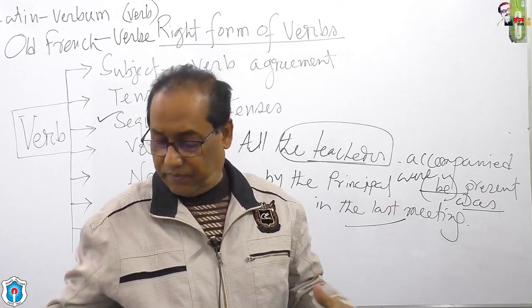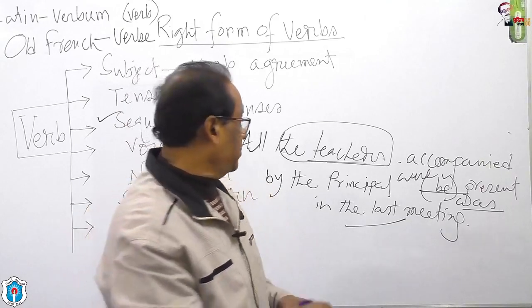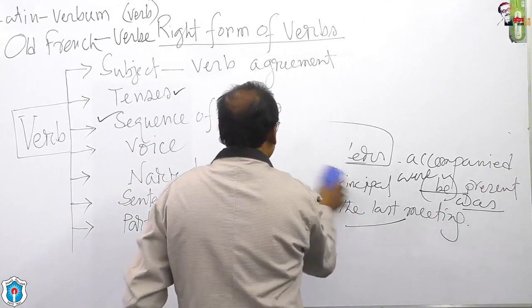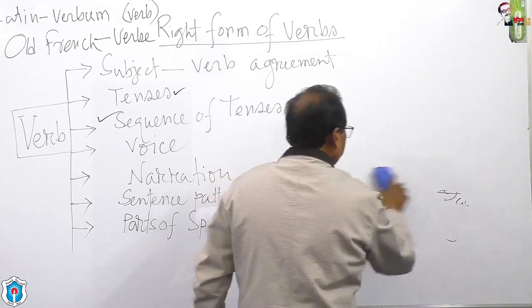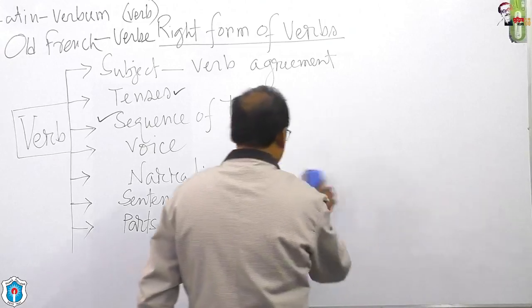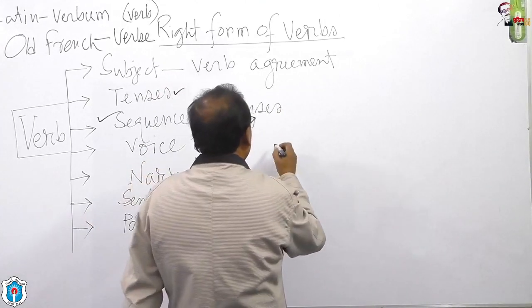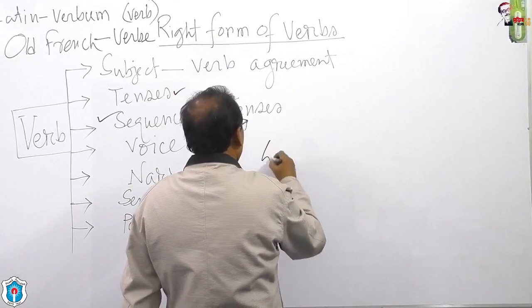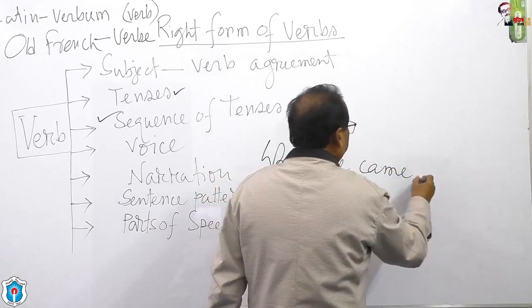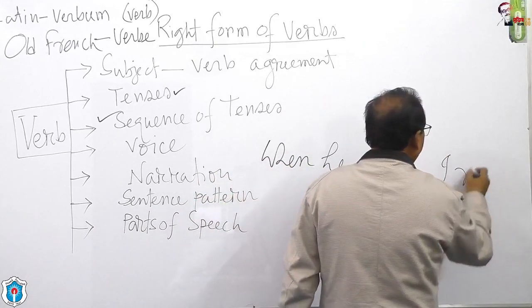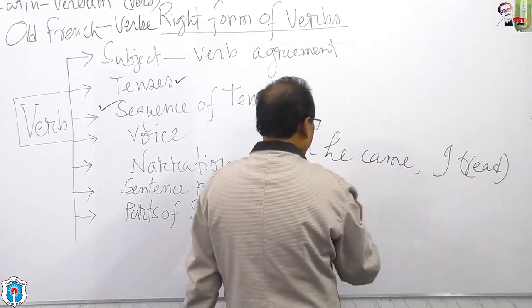And let me give some examples of sequence of tenses. When he came, I read a novel.